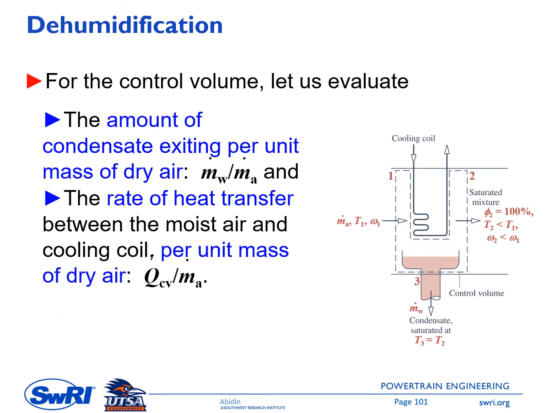In this analysis, we will estimate m dot W over m dot A, which is the amount of condensate exiting per unit mass of dry air. And the second one is the rate of heat transfer between the moist air and the cooling coil, also per unit mass of dry air, Q dot CV over m dot A.